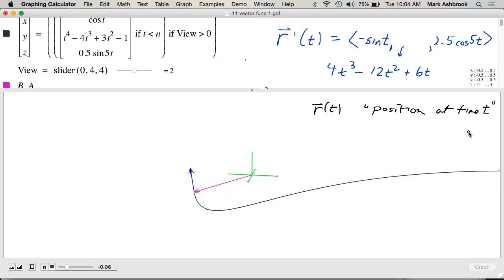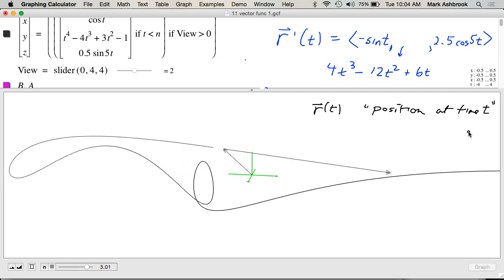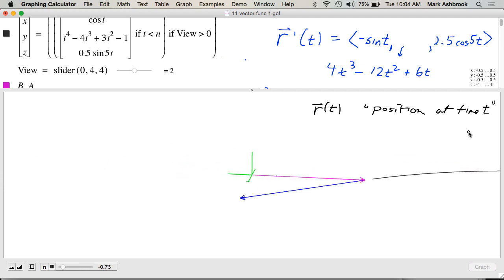It's a common application, but when you see r of t, it's not necessarily going to be position at time t. But it's a very common application. So you have something flying around in space, so this is its position at time t.